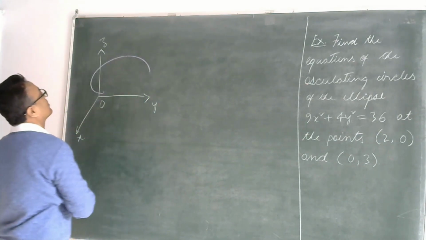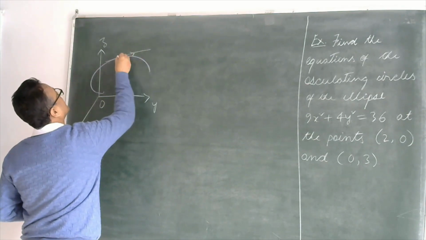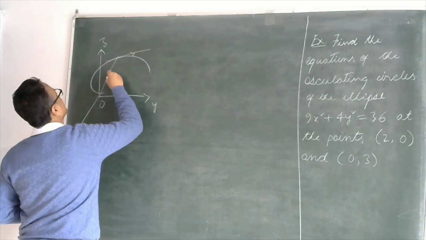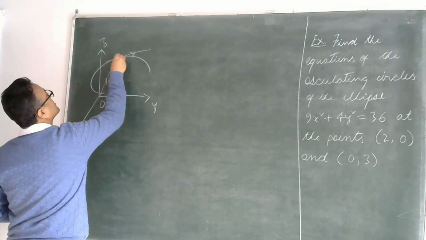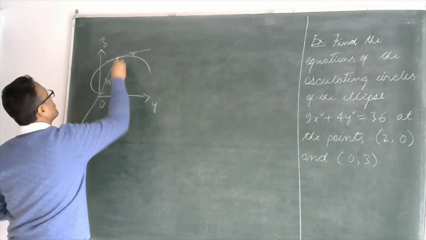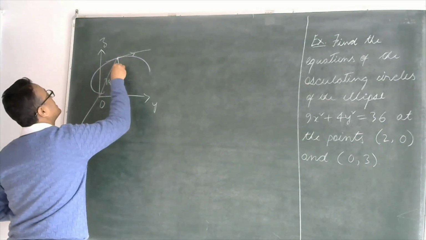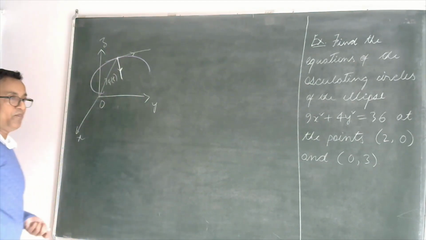Suppose you have a curve like this, and if this is the tangent at this point, denoted by r(t), then we are going to find the normal in this direction.